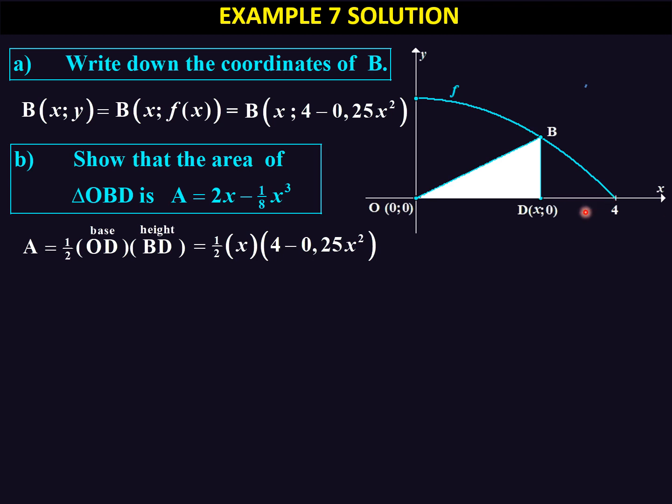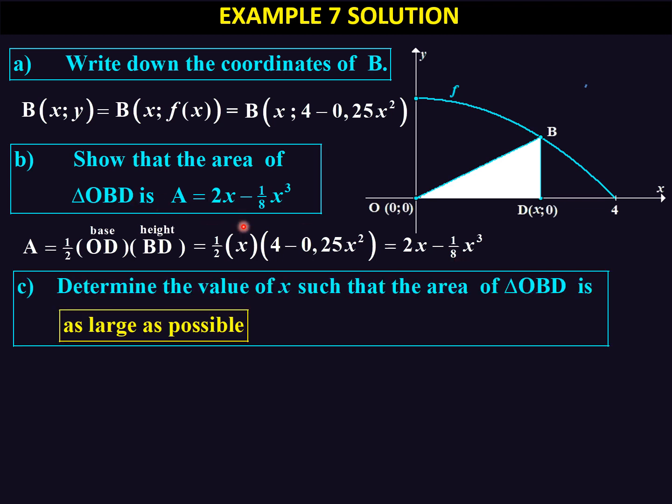And BD is actually, as we've just worked out, the y value, which is 4 minus 0,25x squared. We multiply that out, and we end up with this simplified version. So there we showed the area. There we've answered the question.